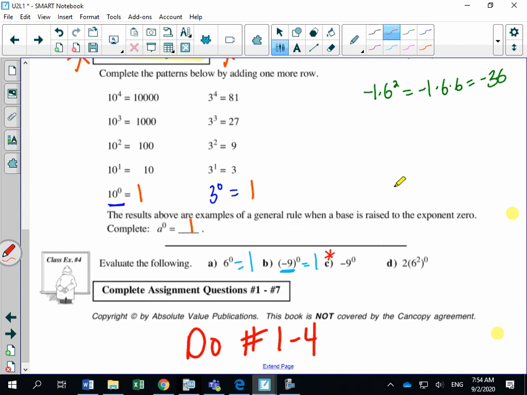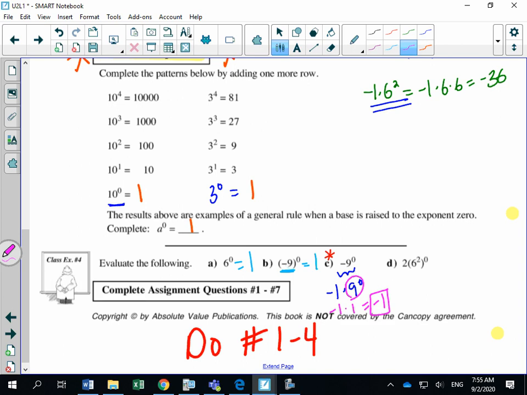I told you up here that if you have a negative in front of a number and there's no bracket, that's really negative 1 times 9 to the power of 0. This would be negative 1 times 9 to the power of 0 is 1, and negative 1 times 1 is negative 1. So the answer for C is negative 1.